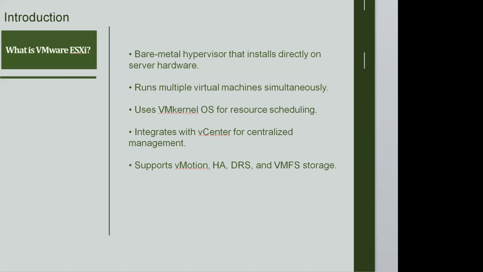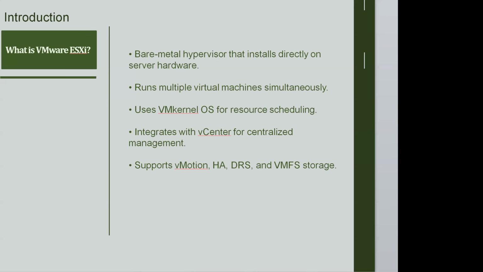This handles scheduling and resource allocation. It also integrates with vCenter, and this is used to manage multiple ESXi hosts from one place. Finally, VMware ESXi supports powerful technologies such as vMotion, high availability, DRS, and VMFS storage.